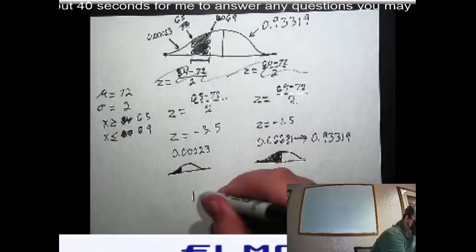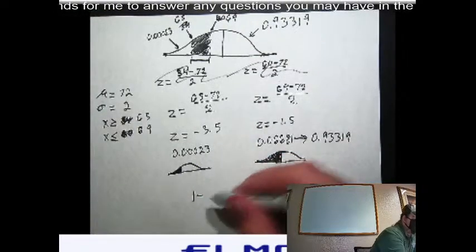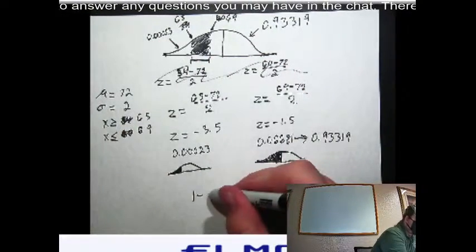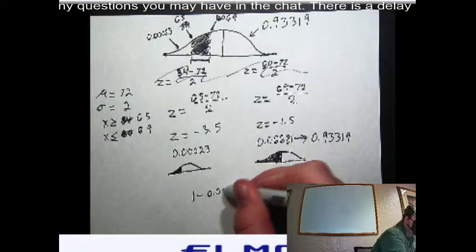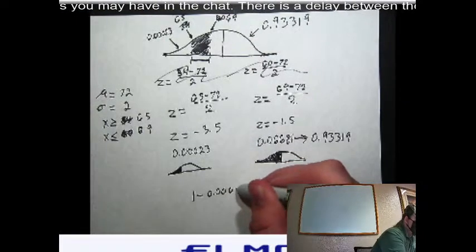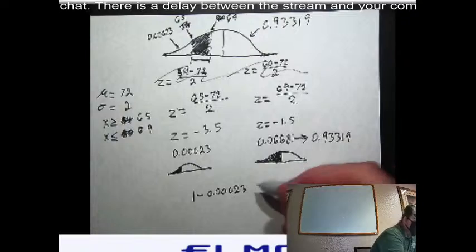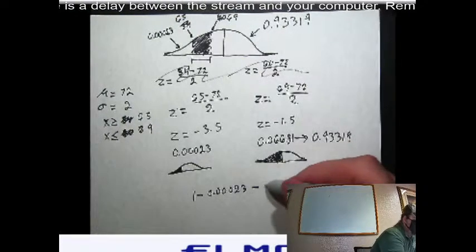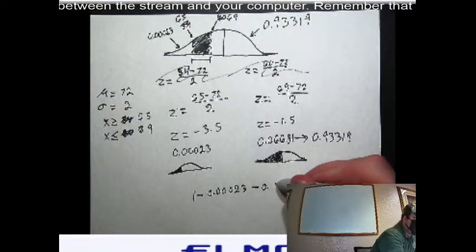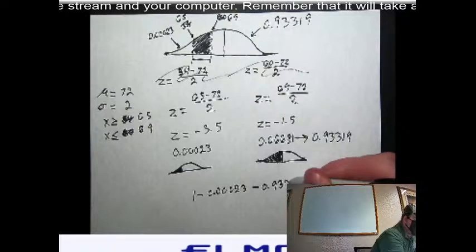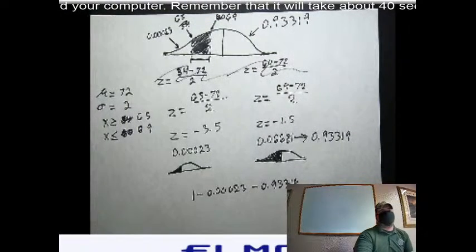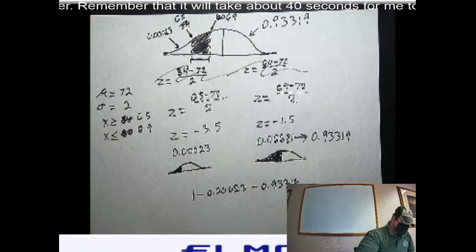So what we need to do is 1 minus 0.00023, and then minus another 0.93319. So let me go ahead into my calculator.